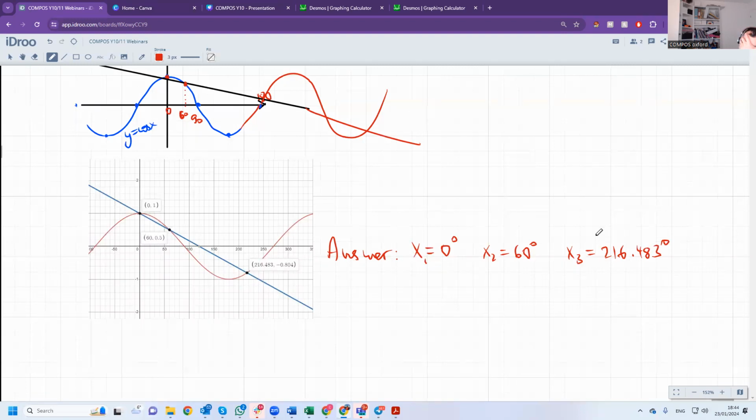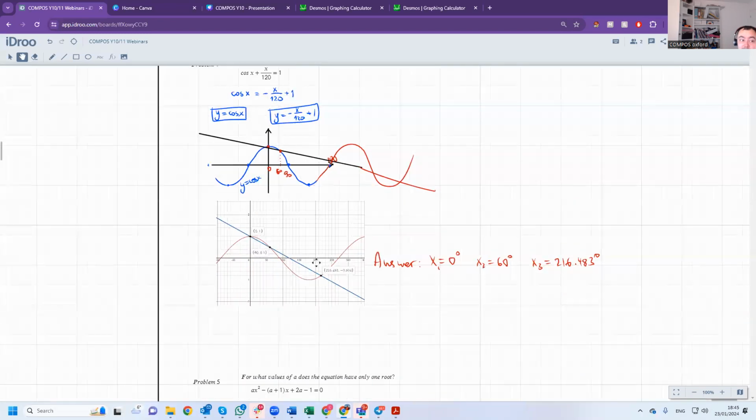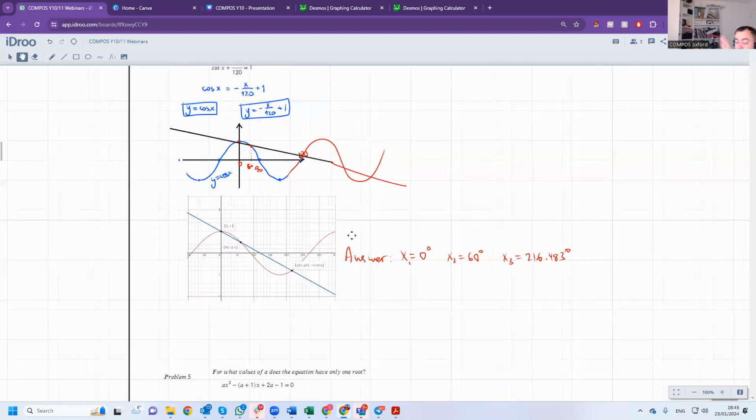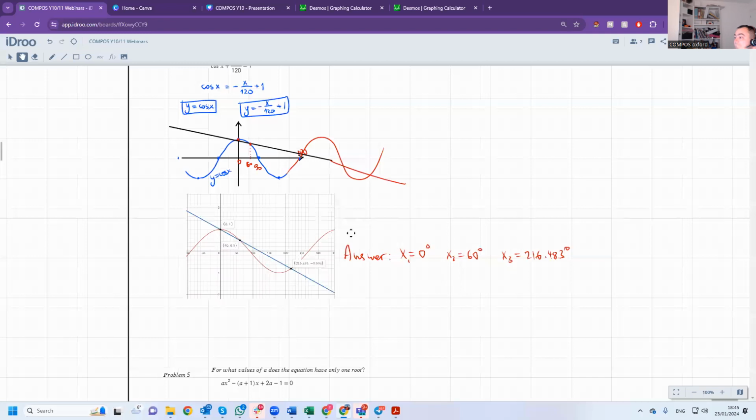You can use Desmos to help you, yes. But I don't want your solution to rely on Desmos. So you won't have anything like that. This is harder than the ones in the assignment. In the assignment, it's actually much easier. You can use Desmos, but don't rely on it.